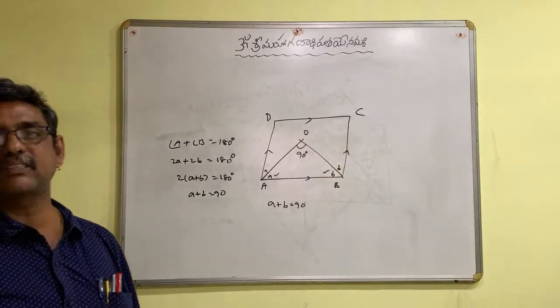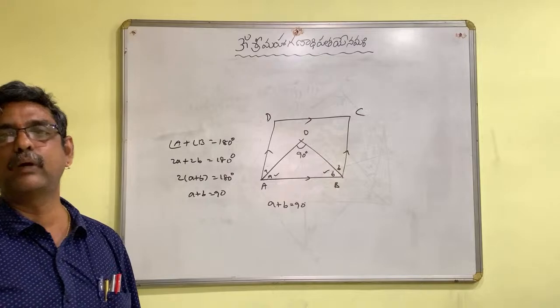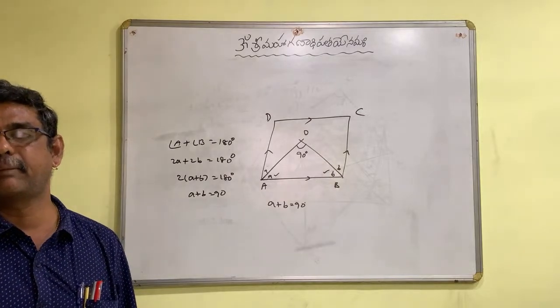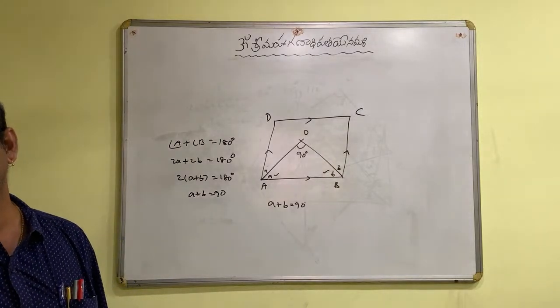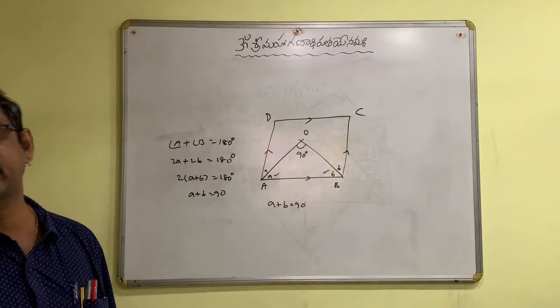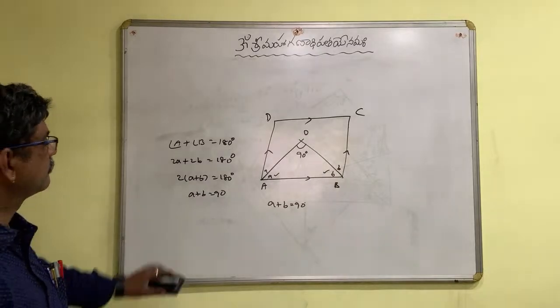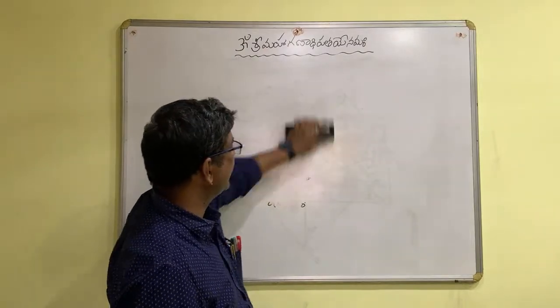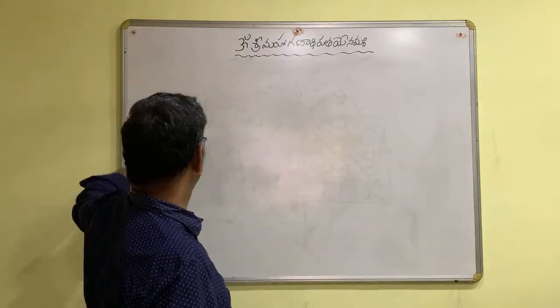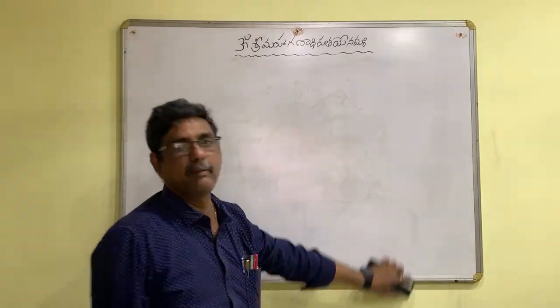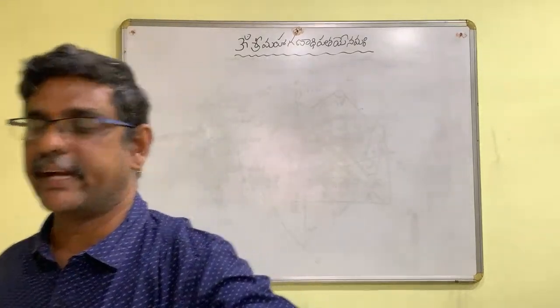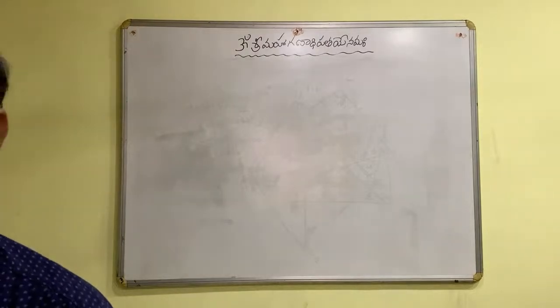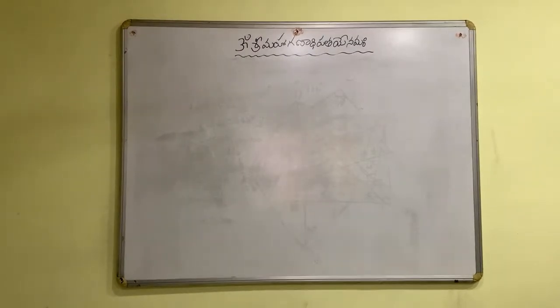The bisectors of any two adjacent angles of a parallelogram intersect at right angles. That means the angle between the bisectors of any two adjacent angles of a parallelogram is 90 degrees.